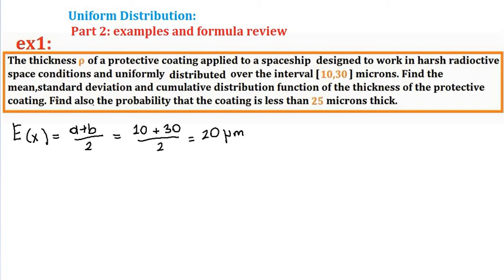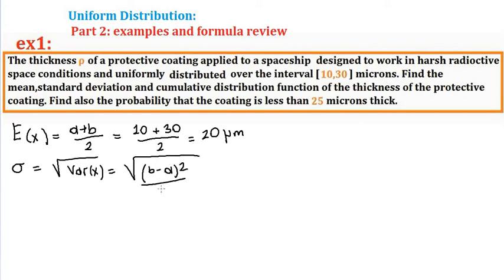Now let's try to find the standard deviation. Standard deviation, sigma, is the square root of the variance. And we know that the variance of a uniform random variable is b minus a, the quantity squared, divided by 12.